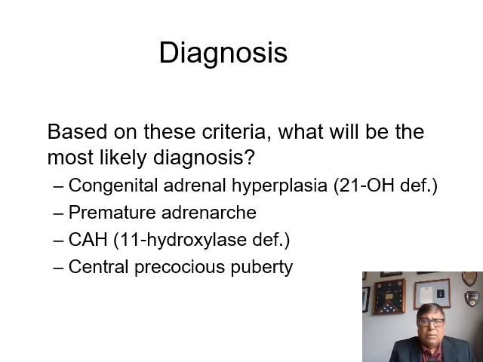Could it be a central precocious puberty? Highly unlikely. In central precocious puberty, most of them are idiopathic, there is family history, and they will not have any abnormal size clitoris.